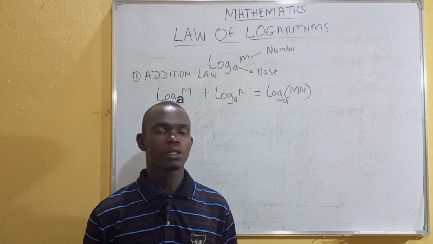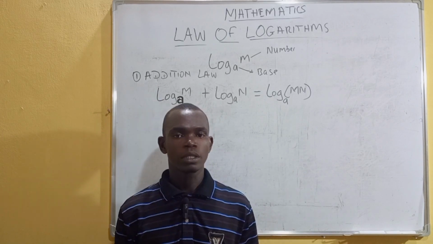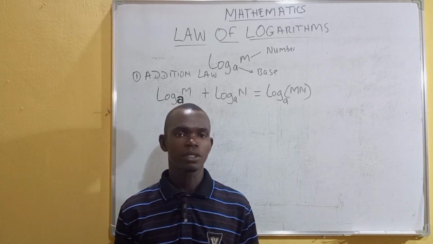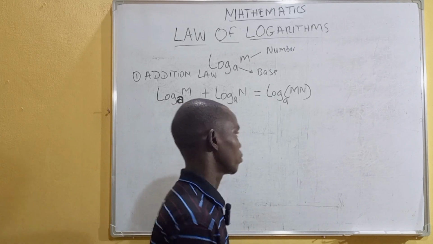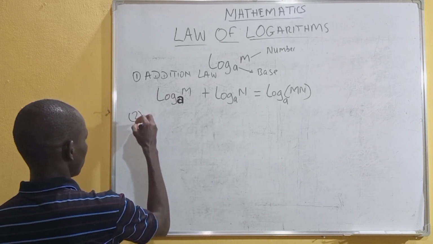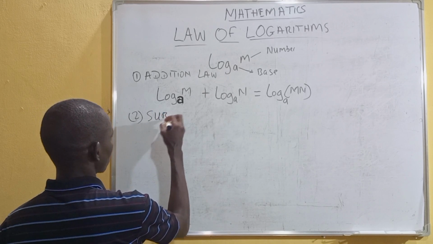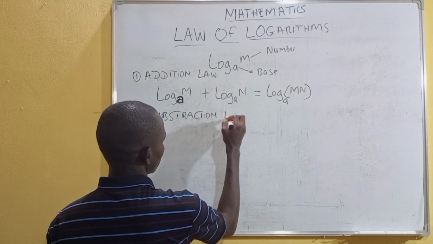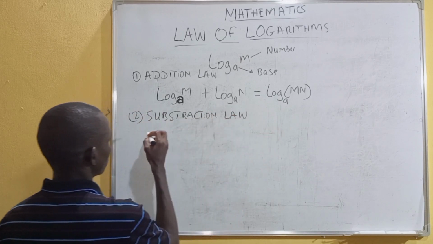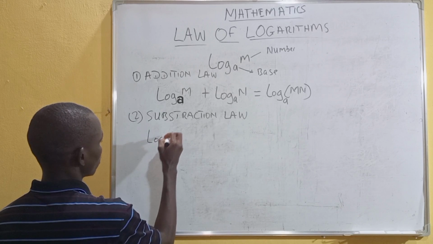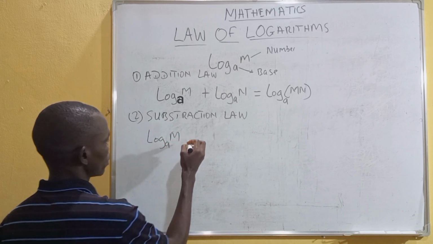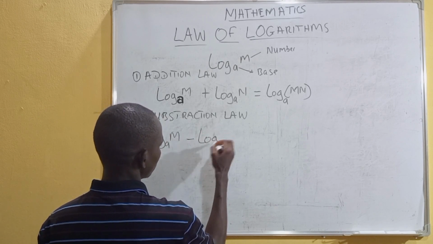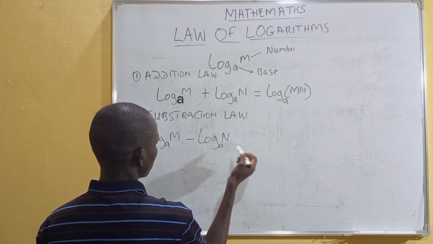And the second law is the subtraction law. When logarithms are subtracted, the one being subtracted is used to divide the other, expressed in their common base. You have the second one, which is the subtraction law. A log of n with base a is subtracted from a log of m with base a.